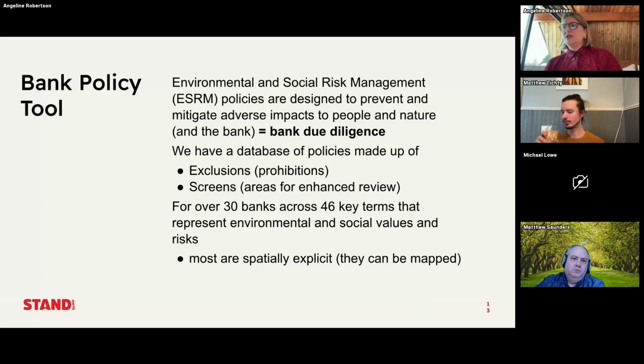Across these key terms, we were really interested in environmental and social values that were spatially explicit or that can be mapped. Because these are such complex concepts to communicate, if we could find ways to visualize them, we could start to convey things like greenwashing in a way that is very quick to understand.